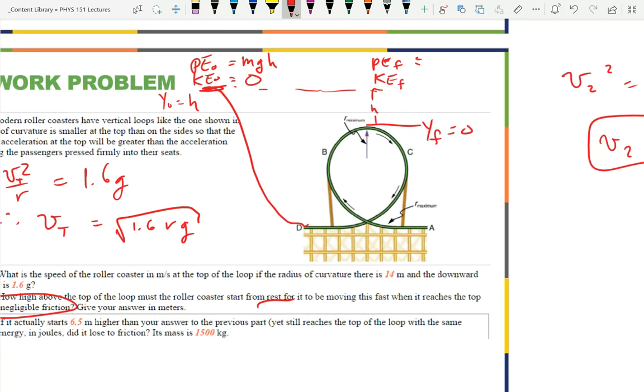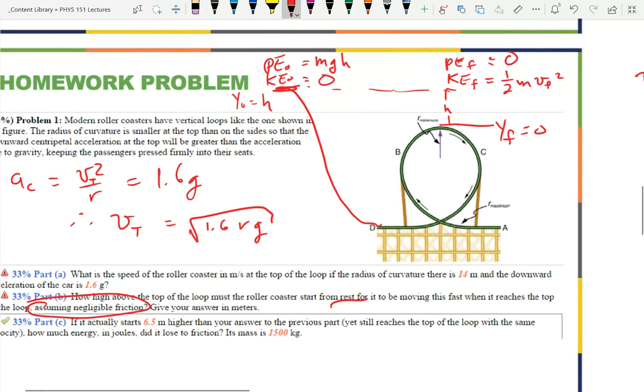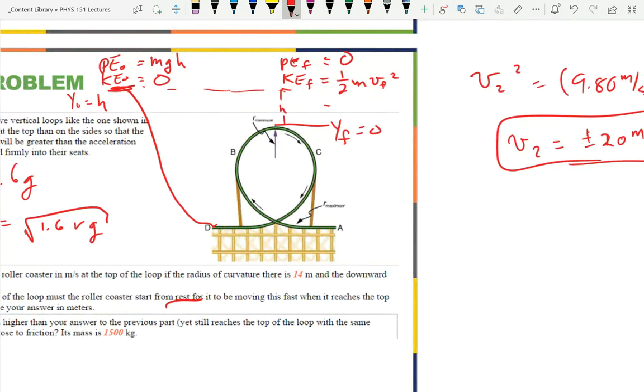What's my potential energy at the top of the loop? 0. What's my kinetic energy final? 1/2 m v final squared, but we know v final. V final squared is 1.6 rg.